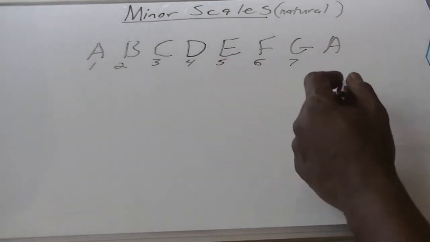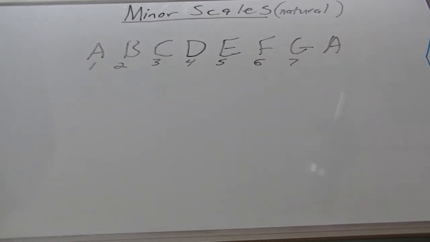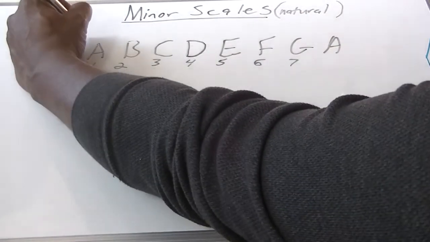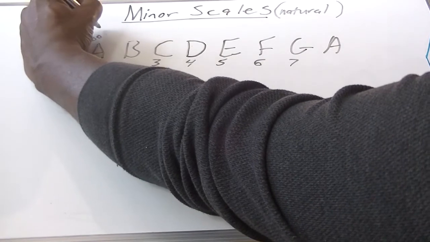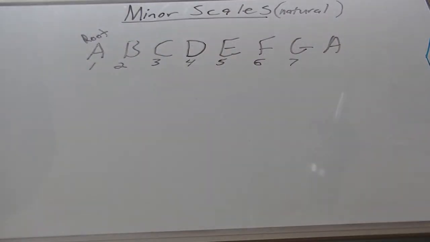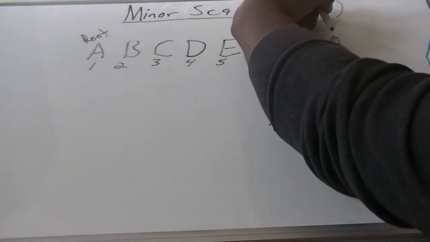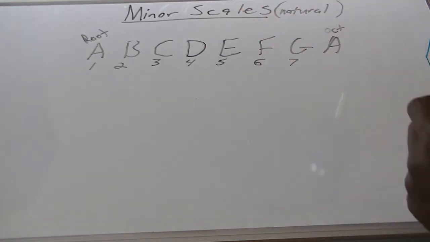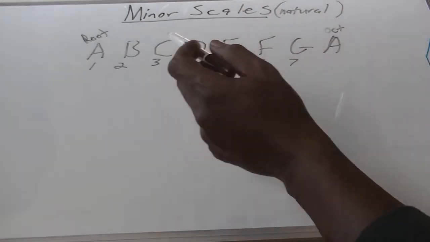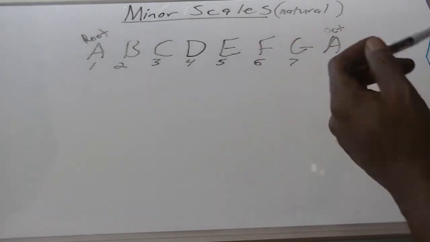I have the notes of the scale numbered, and A is the root note of the scale, so I'm going to write that in there. Also, this A here is an octave to the root. Remember, octaves are relative; it can be higher or it can be lower.